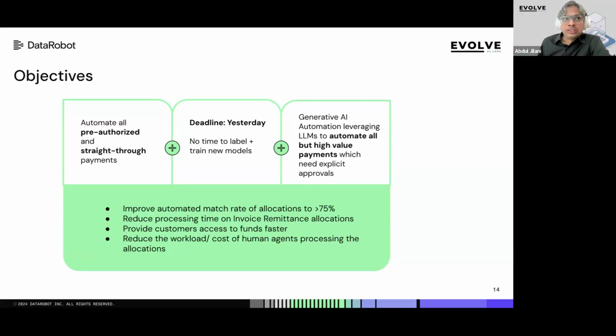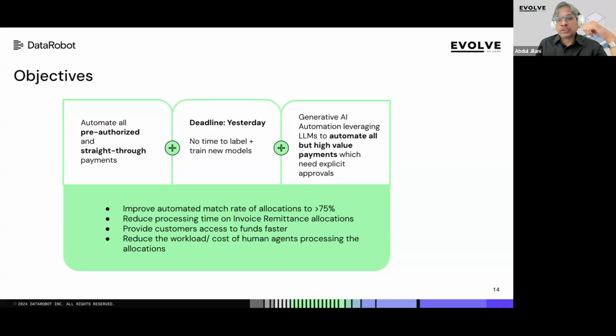Yeah. So 75% was a mix of two things. One, ideally they looked at what is the sweet spot for them in terms of cost and the pre-authorized transactions.